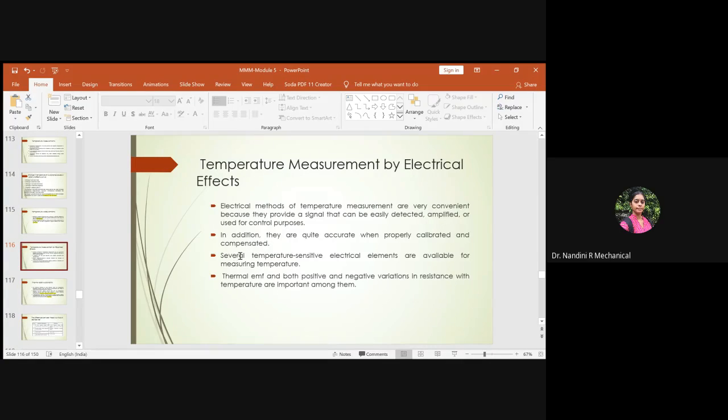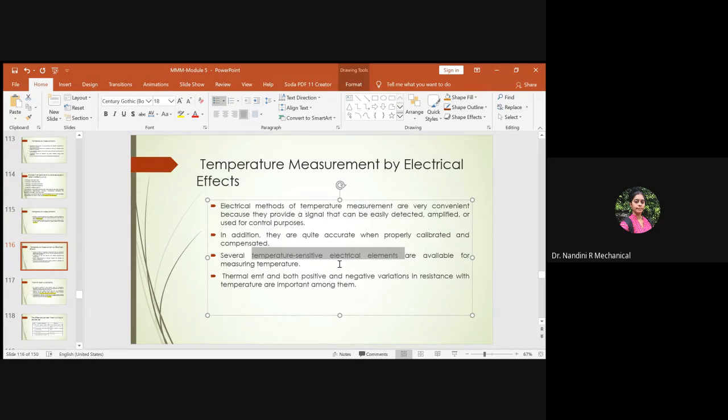And next, several temperature sensitive electrical elements are available for measuring temperature. So it is not only one particular electrical element you will be using for measuring the temperature. Various sensitive electrical elements are available.